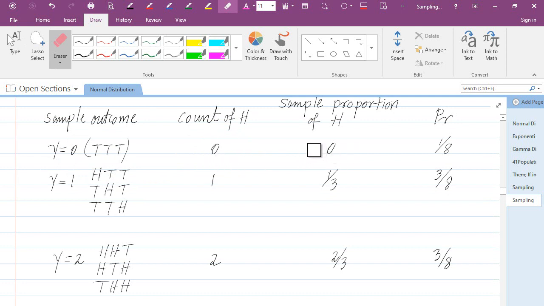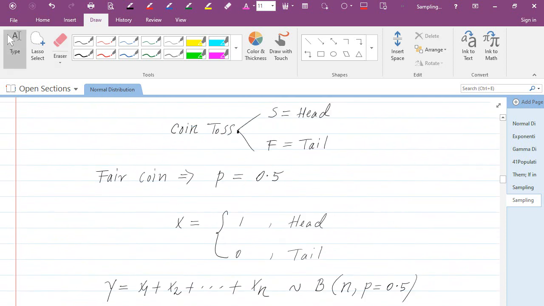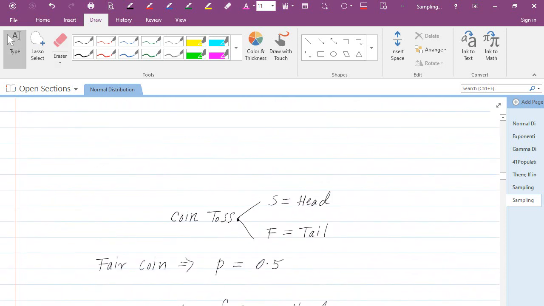And in that case, the sample proportion of heads would be 0. And if y is 1, then the count of successes would be 1, and the sample proportion of heads would be 1/3. So that's another example of a dichotomous variable where we look at proportions or counts.